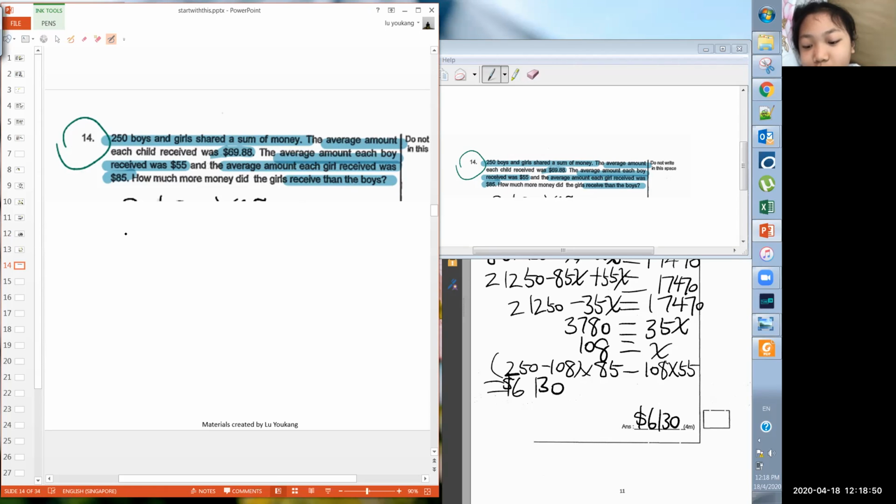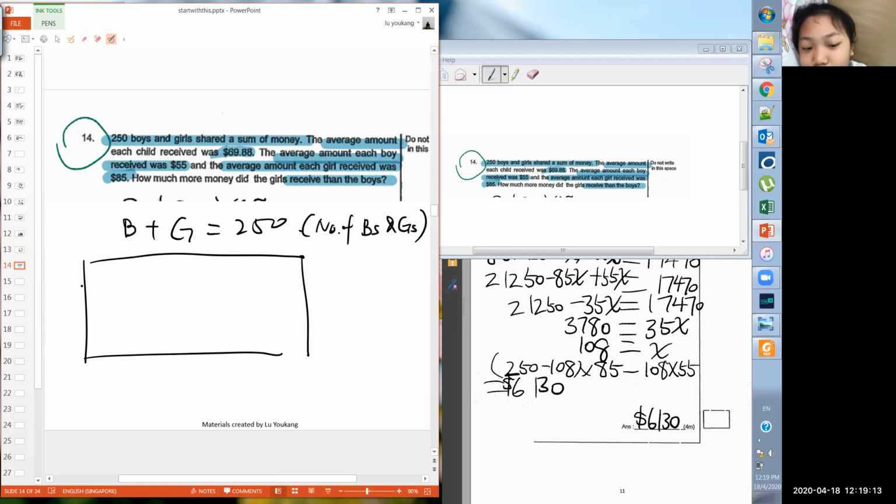Okay, good. So boys plus girls will give you 250. This is the number of boys and girls. And therefore, let's draw the table. Now the number of boys, this is number of children.